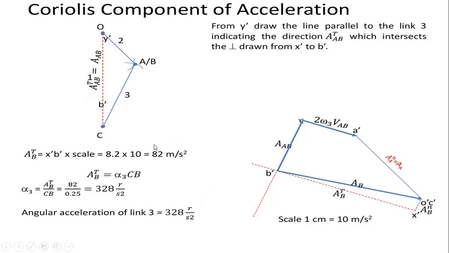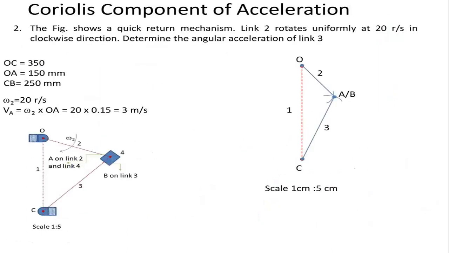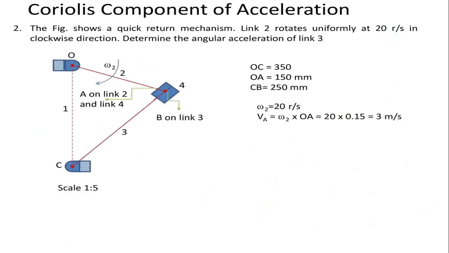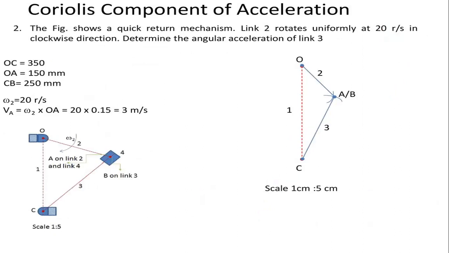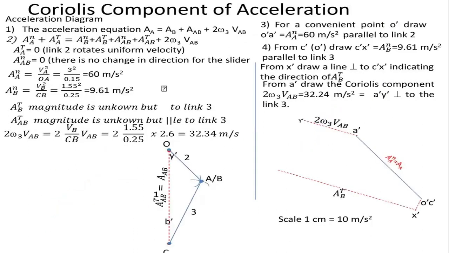So this is the procedure. For the given diagram, you need to define the inputs first and then draw the space diagram. After drawing the space diagram, you need to draw the velocity diagram from the velocity equations, and then you need to find the acceleration diagrams.